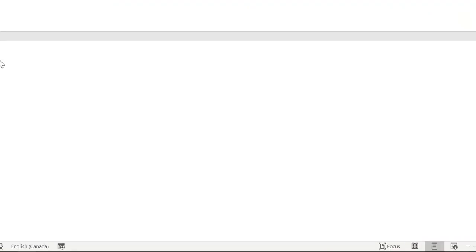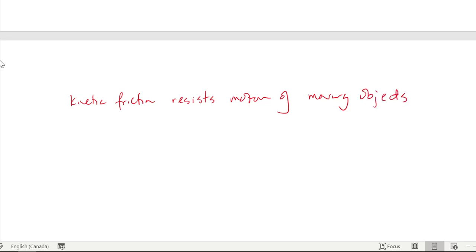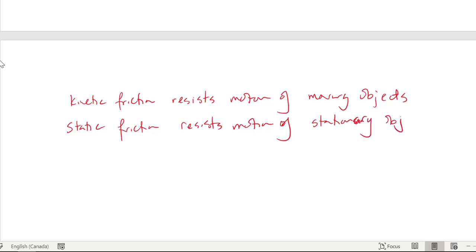So as you can see from the video, kinetic friction resists motion of moving objects, like when the hole punch was moving along the desk, whereas static friction resists motion of stationary objects about to move.